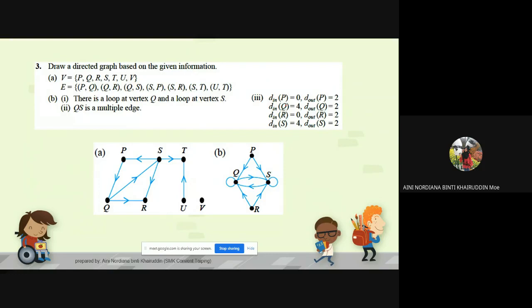D in for vertex Q equals to 4. So this is vertex Q. 1, 2, the loop, the degree is 2. So total 4. D out.